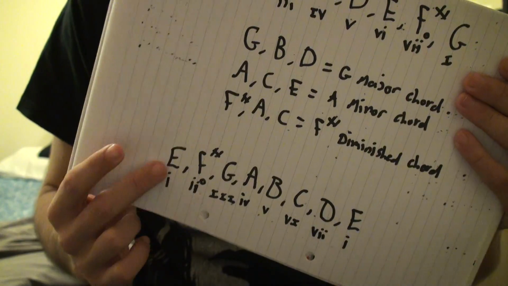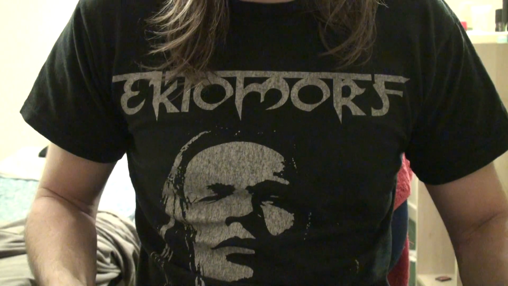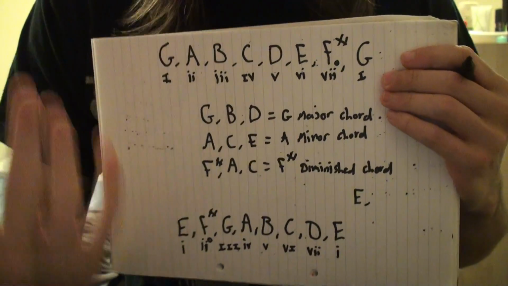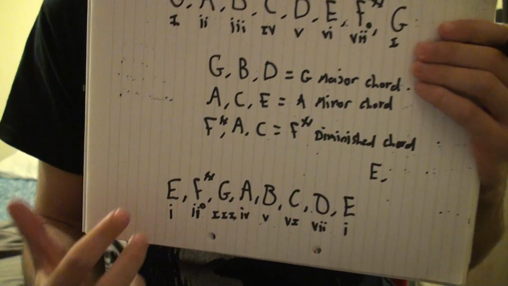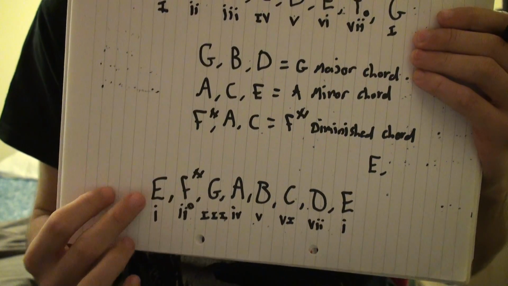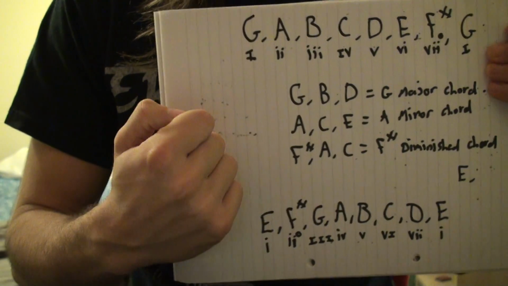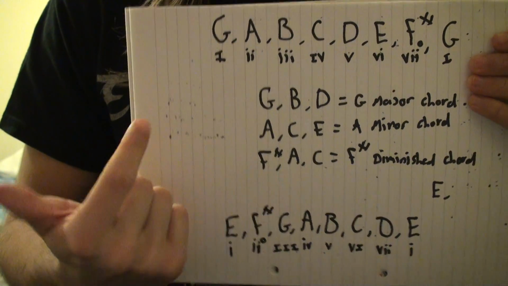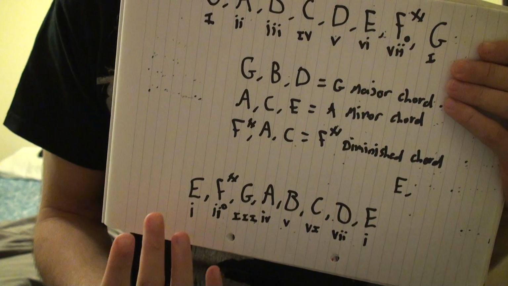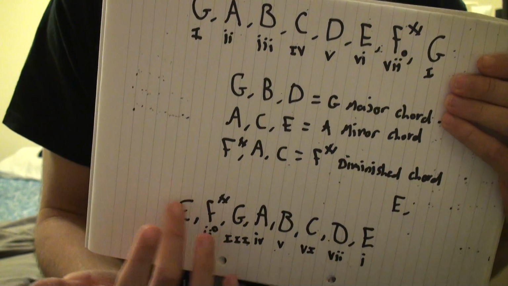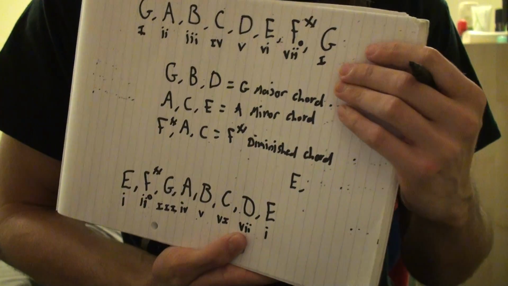Okay, so we have an E. Now, from an E to the flattened third, we have 1.5 tones. Right, so from E to F sharp, we have an E and an F. Right, that's all that's between them. So to get from an E to an F sharp, right, 2 notes.